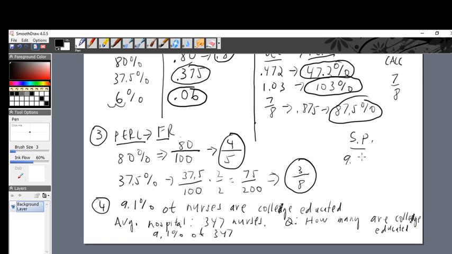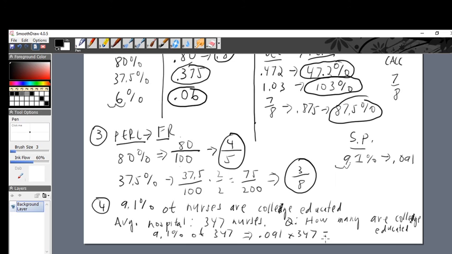What is 9.1% in decimal? Where do we move the decimal place? To the left, 1, 2. So this turns into 0.091 decimal. Therefore, the calculation is 0.091 times 347 equals what?